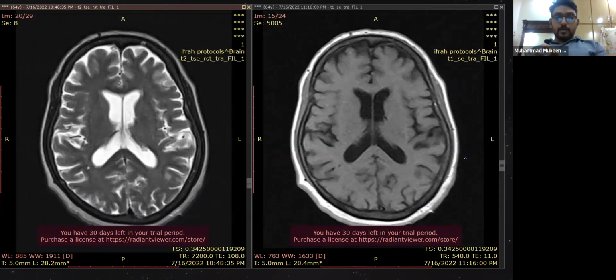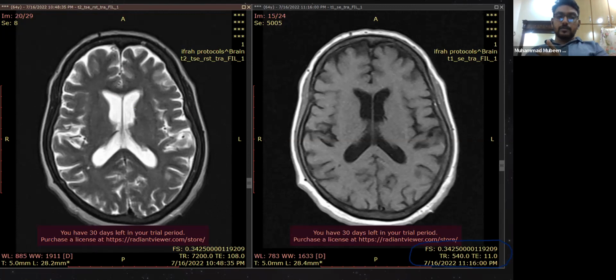This is an example of one of my patients, and I just wanted to show the TR and TE times. As you can see, these are T1 weighted images. You immediately see that the CSF in the ventricle is black and the white matter is white.